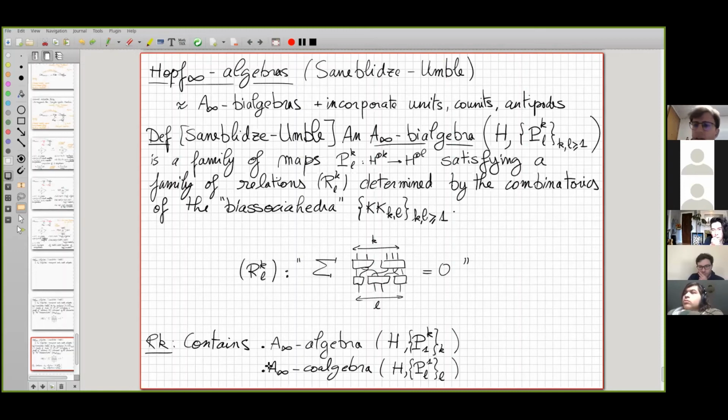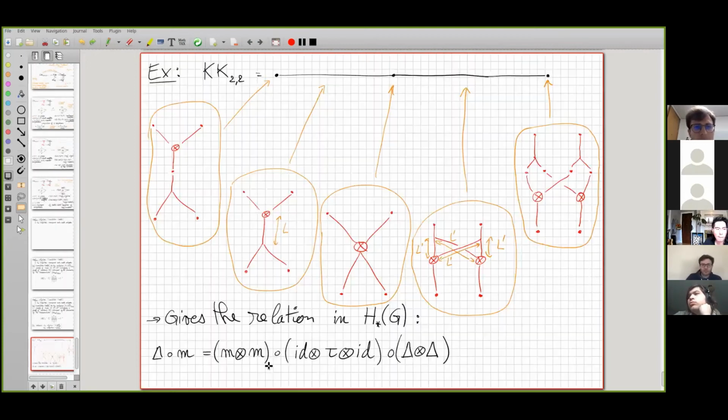Okay, and now I'm just going to tell you how this would work. So basically, you will count graphs like the one we counted before. In red here, you would have Morse flow lines, and you would use either the product or the coproduct.